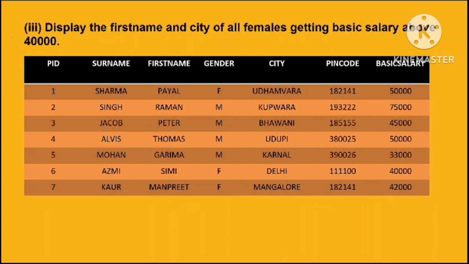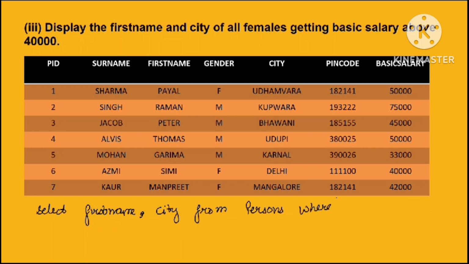Now the third question is: display the first name and city of all females getting basic salary above 40,000. So select, how many columns do you have to display? Only 2. Select first name, comma, city, from persons. Here 2 conditions are given: female having salary greater than 40,000.